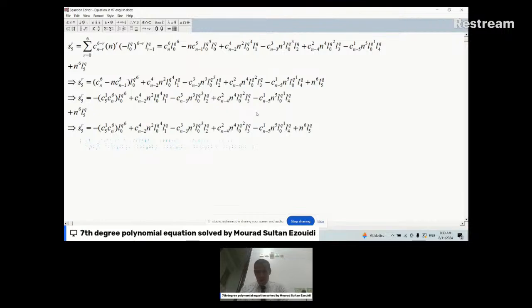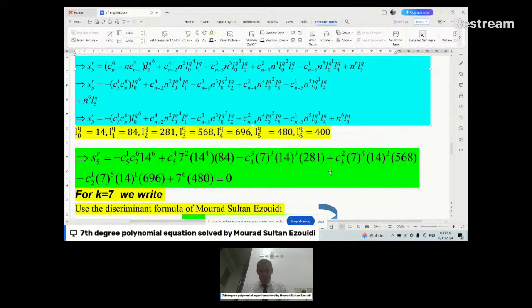The same as that. Now I'm going to calculate this. When, learners, n equals 7, I will get 6, 7 minus 1, 5. Then when n equals 7, n 7 minus 2 gives me 5 there. Then minus n, 7 minus 3 will give me 4.